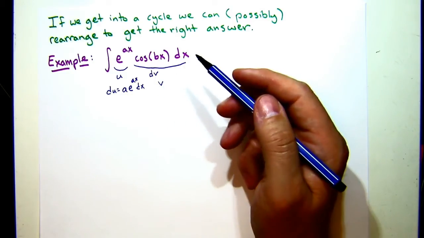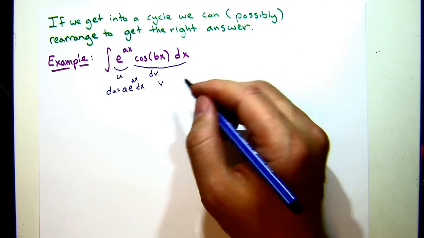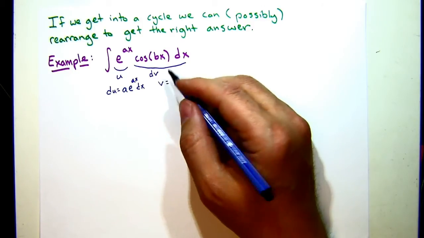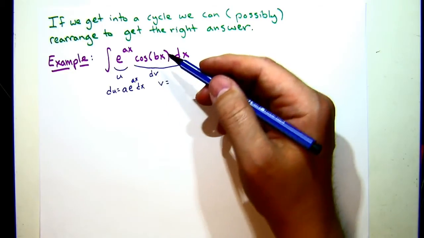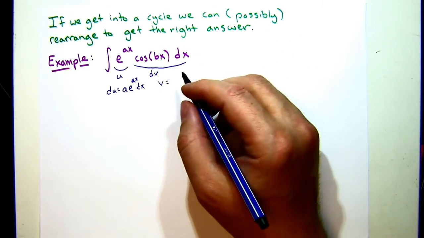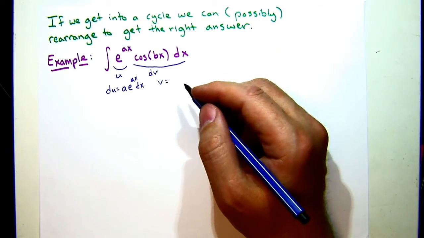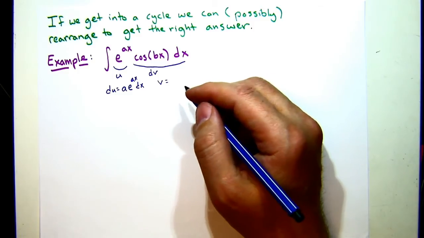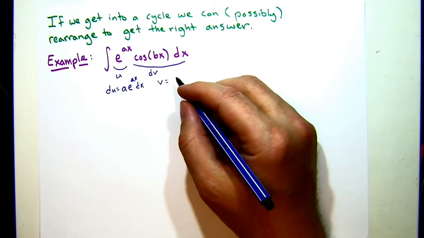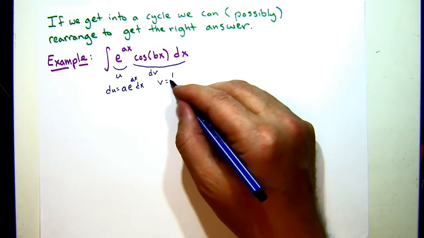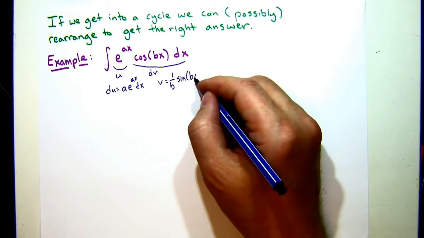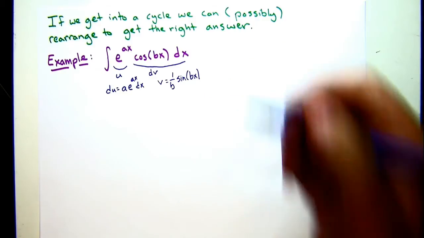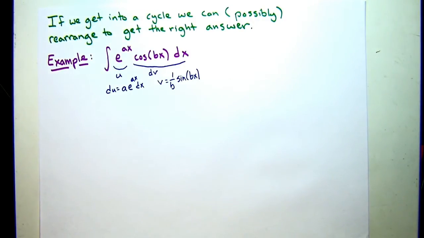Now, I have to take the antiderivative of cosine of bx. Now, the antiderivative of cosine is sine. That's not bad. How do I handle this bx? Well, the answer is I divide by b. So it would be 1 over b sine of bx.